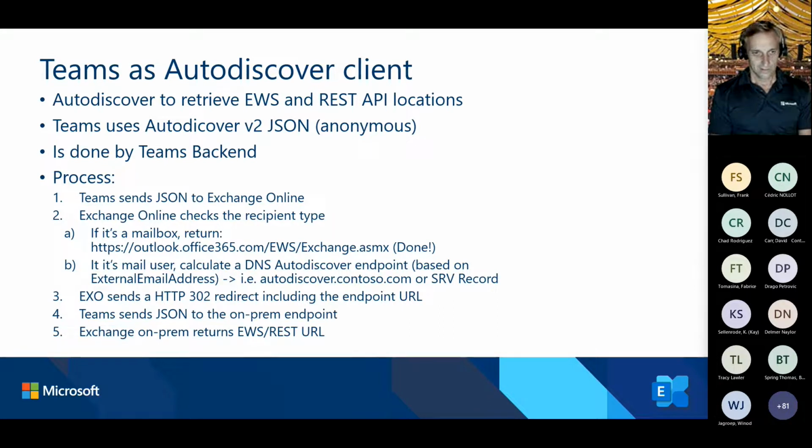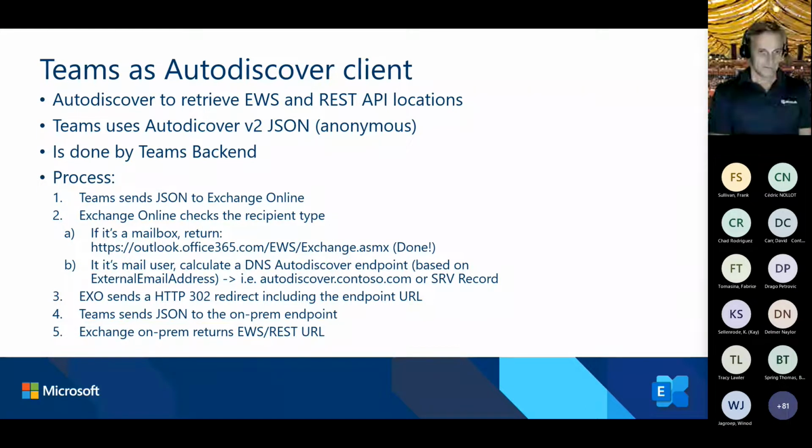However, if the email address in the Autodiscover v2 request is a mail user, then it will redirect the Teams server either to an SRV record, which is configured in your DNS, or to the standard autodiscover.contoso.com namespace.